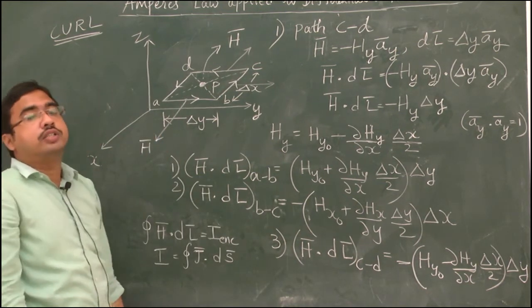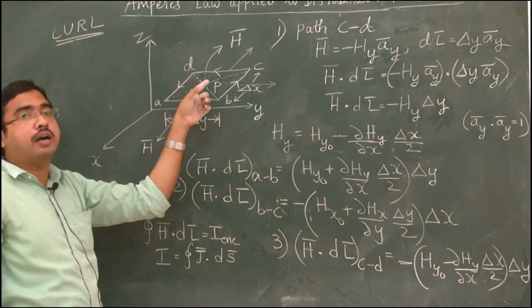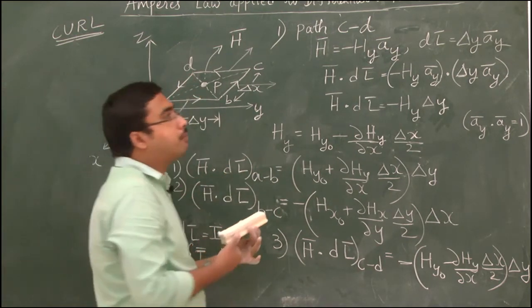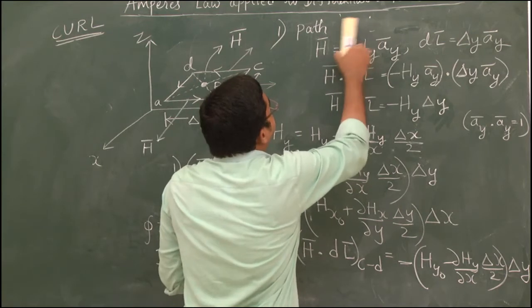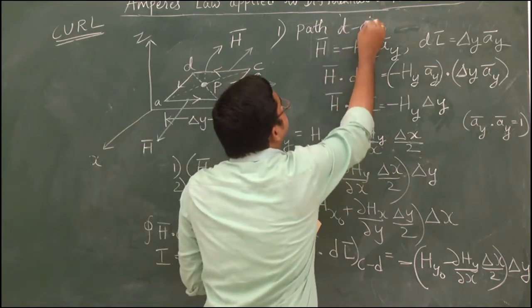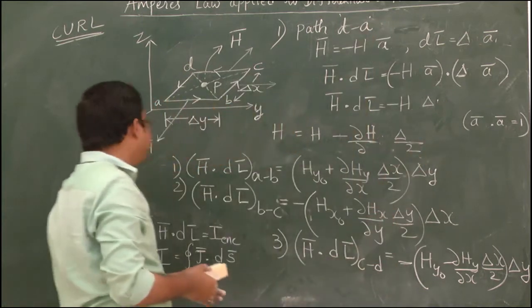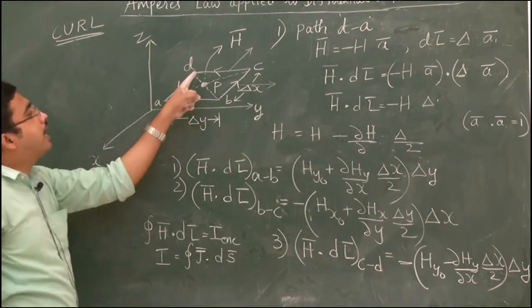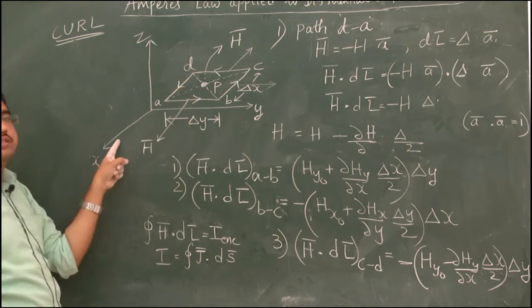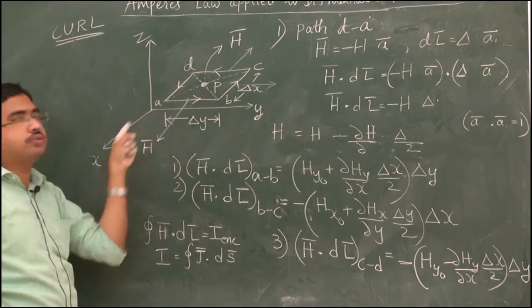Similarly, next we should calculate h bar dot dl bar due to the path DA, which is the last side. If you consider the path DA, it is matching with which direction? X-axis direction, that too on the positive side.